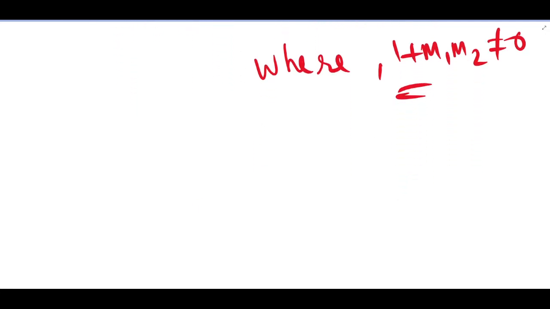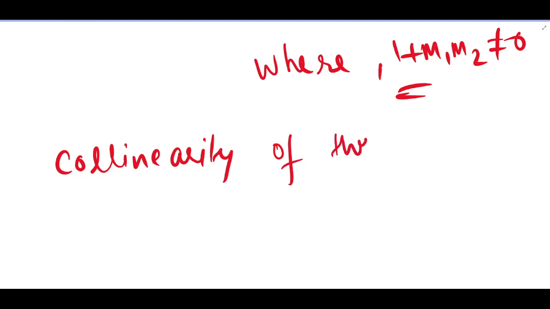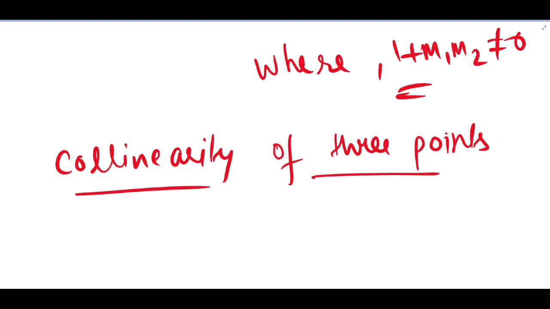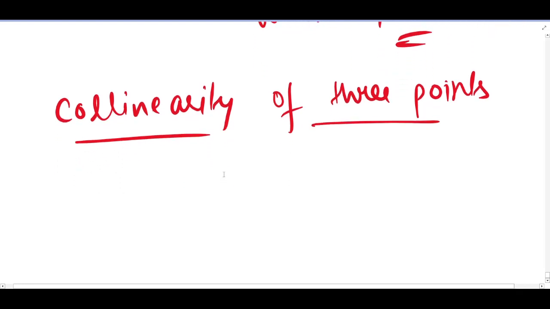Next is collinearity of 3 points. We have already learned about collinear. Whenever 3 points are collinear, they lie on a straight line.